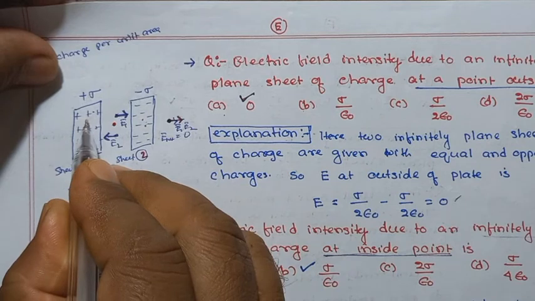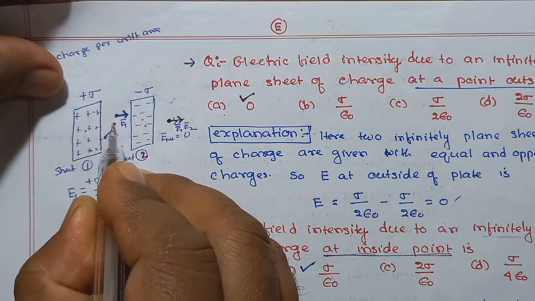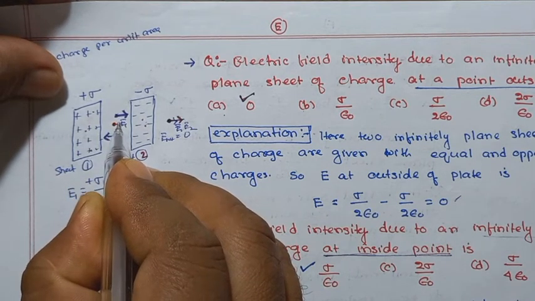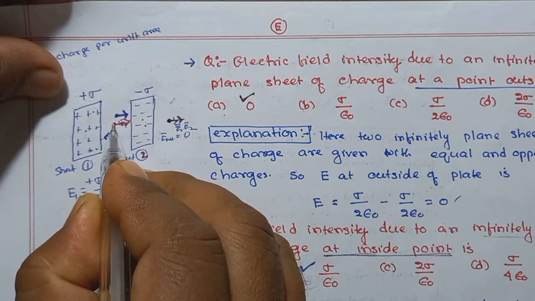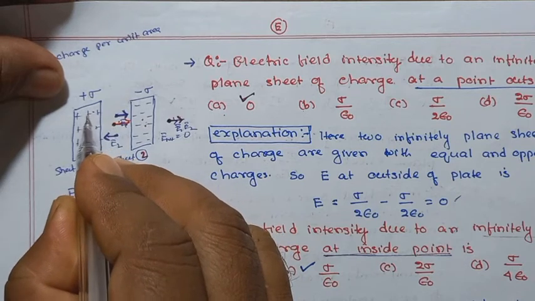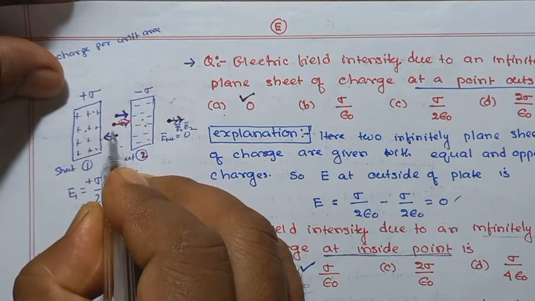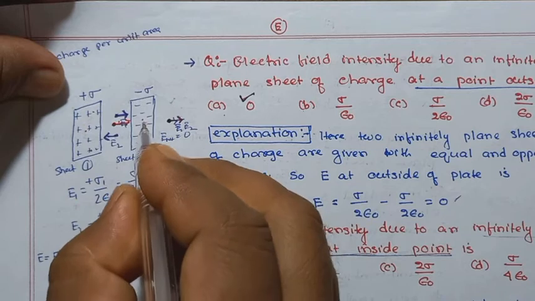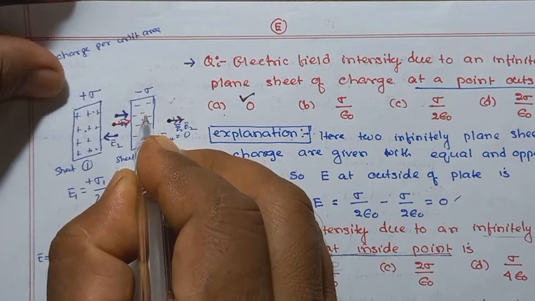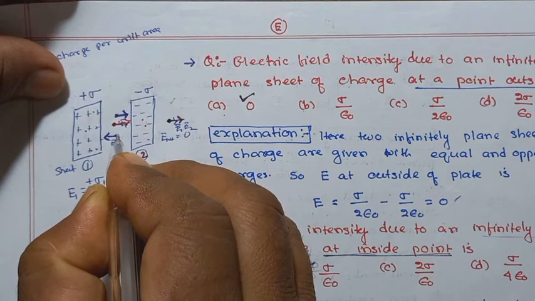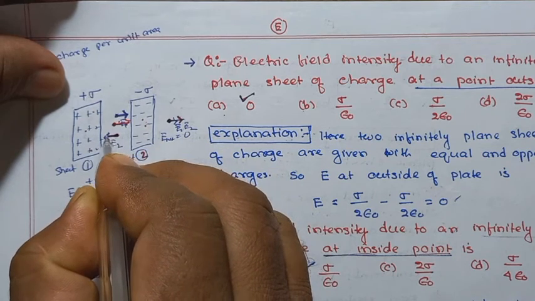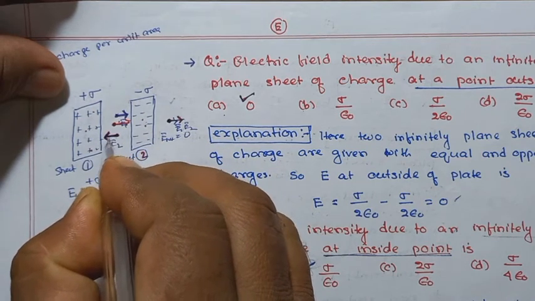So this is positively charged sheet. So this electric field is directed away from the sheet. Away from the sheet. And this is sigma by 2 epsilon 0. And this is first sheet. So sigma 1 by 2 epsilon 0. Similarly, if this second sheet is also positively charged, then electric field is directed away from the sheet, that is in this direction.